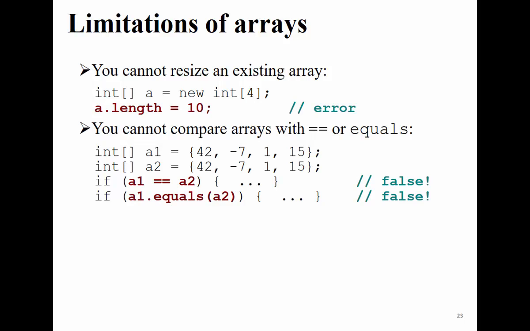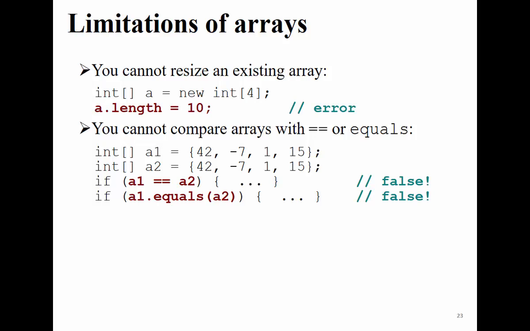You cannot say a1 equal a2, because a1 and a2 are storing the reference where the arrays exist. So a1 is carrying the address of the memory, a2 is carrying the address of the memory. Maybe a1 is stored at 700, maybe a2 is stored at address 600, but even if the elements inside these arrays are equal, a1 equal a2 will not give you true, because these two arrays are in different spaces in memory.